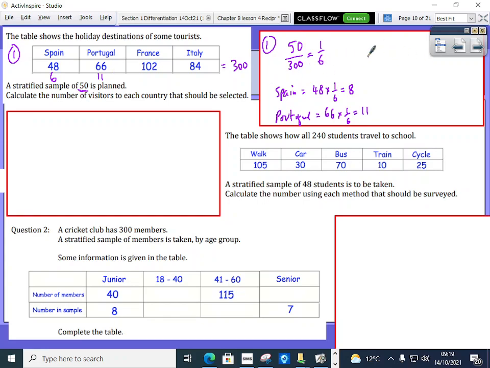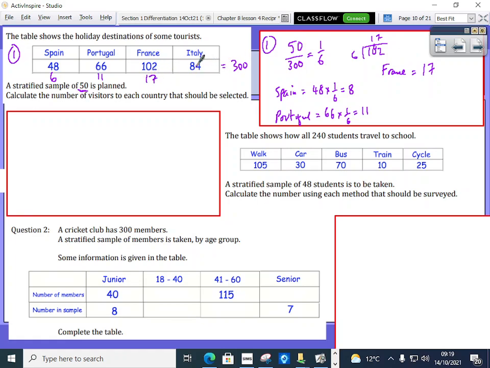Next one, 102 times 1/6, that's going to be 17. So for France, your sample is going to be 17. 1/6 of 102 is 17.